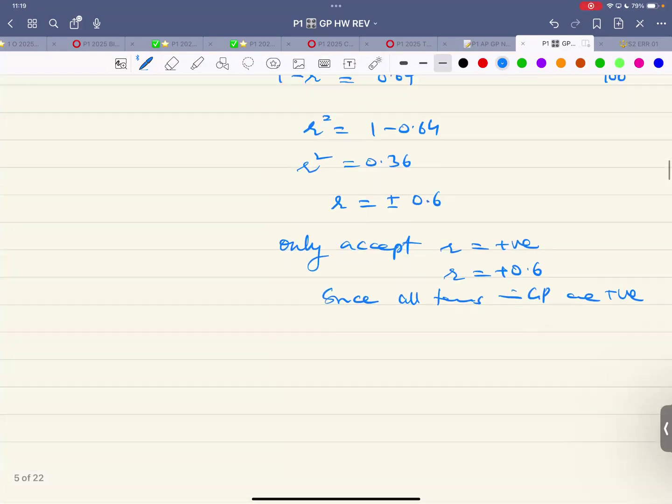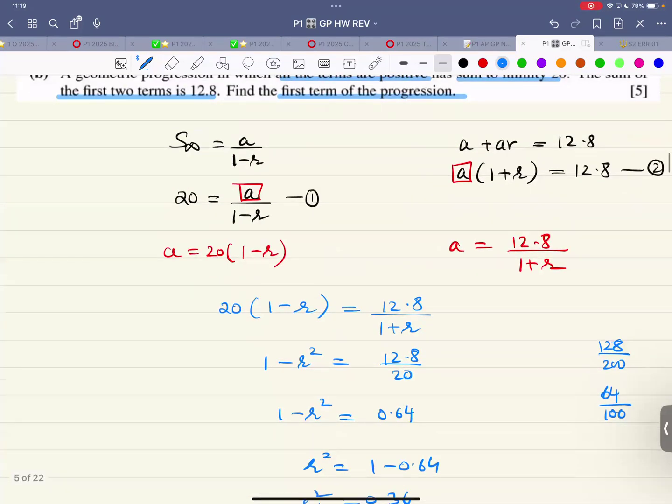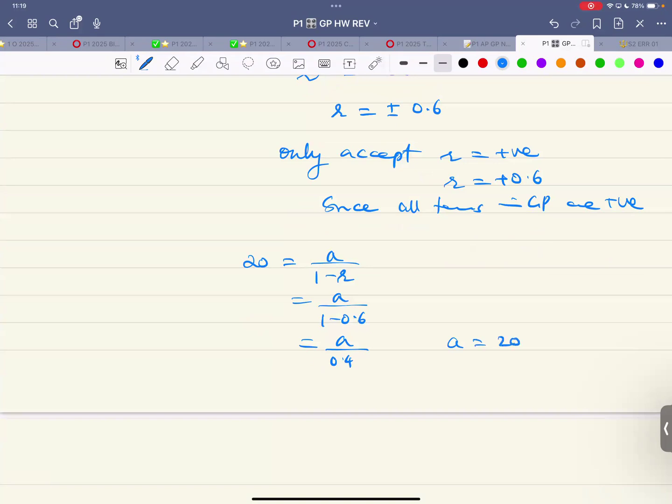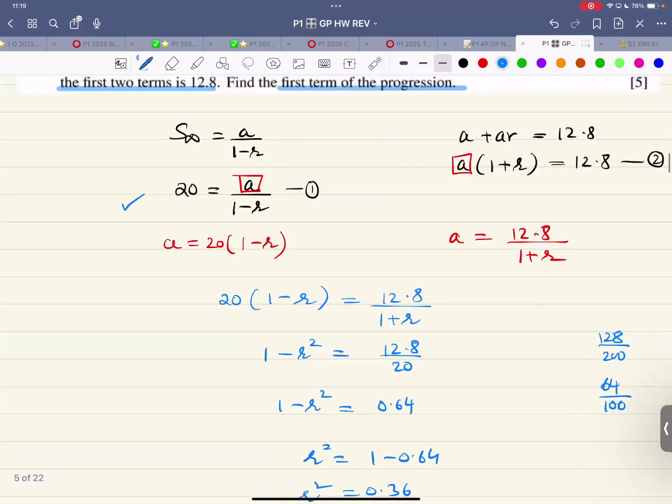So R is 0.6 and this is the sum to infinity formula. So therefore 20 is equal to A over 1 minus R. That is A over 1 minus 0.6, which is A over 0.4. So therefore A is 20 into 0.4. Therefore this comes out to be 8. That is the working for this particular question.